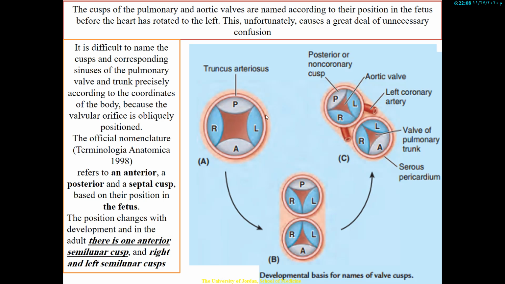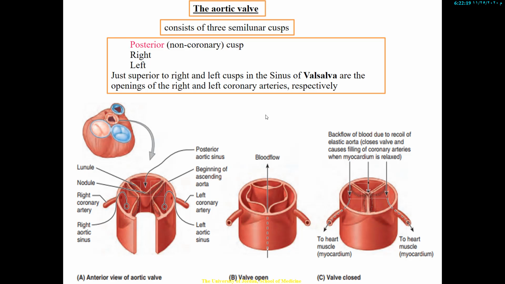Now this slide, I would talk about it in the embryology, in the development of the valves themselves. We're going to go back to this slide, but I need you for now, for the exam, to know that the aortic valve has 3 sinuses, as we mentioned. Their names we will talk about later on, but for the time being, let's consider them posterior non-coronary, right and left sinuses.